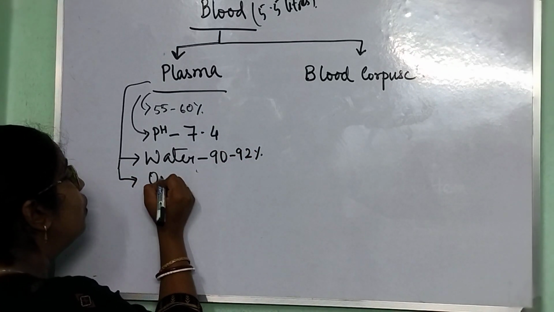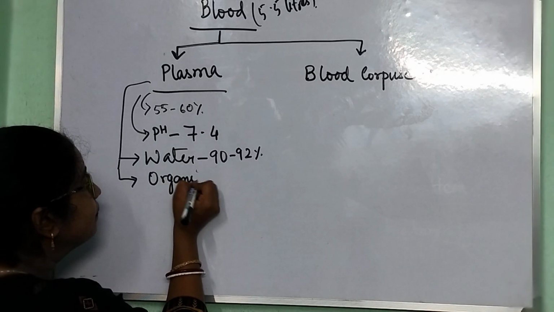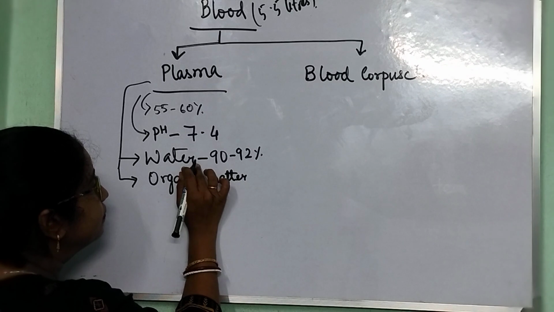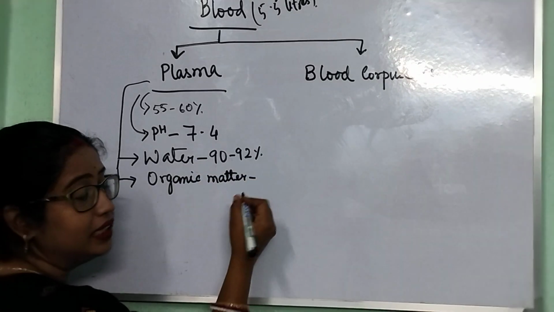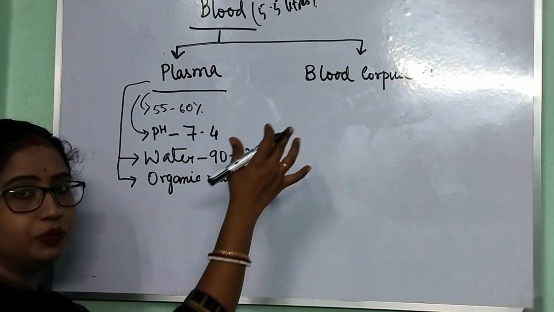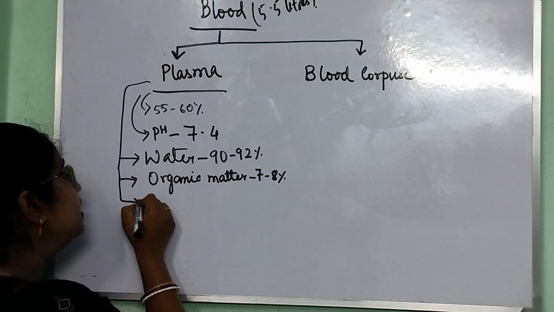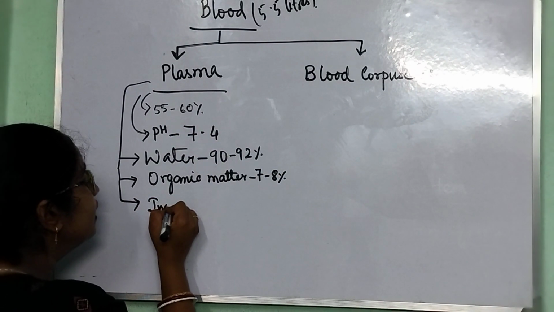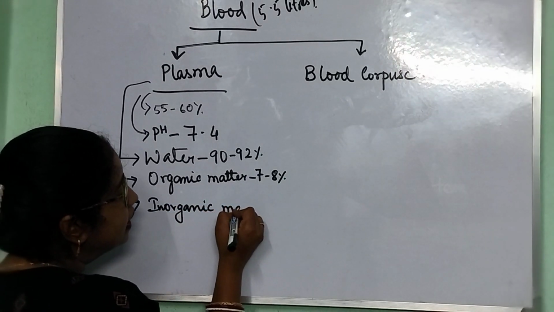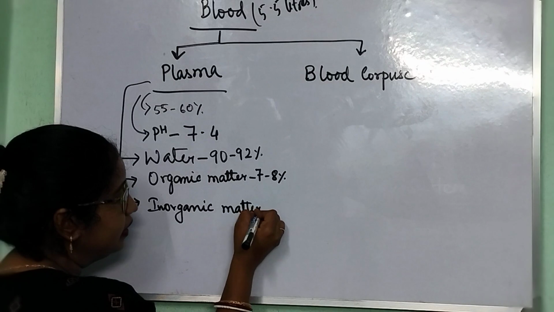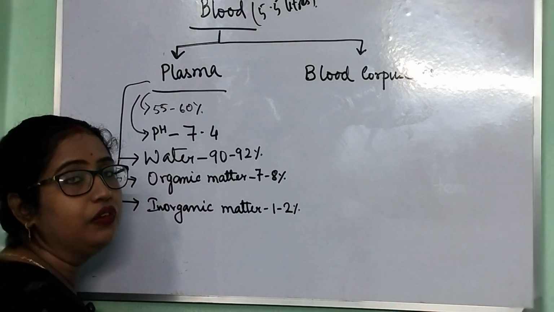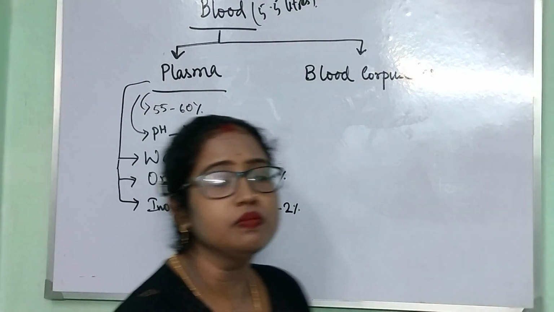Second thing is organic matter, which is 7 to 8% of the total volume of plasma. And the last one is inorganic material or inorganic matter, which is 1 to 2% of the total volume of the plasma.